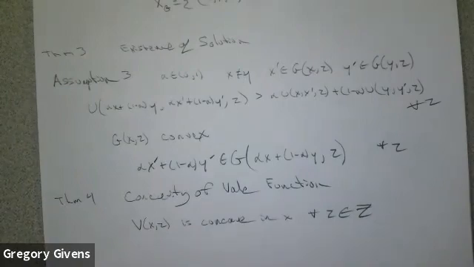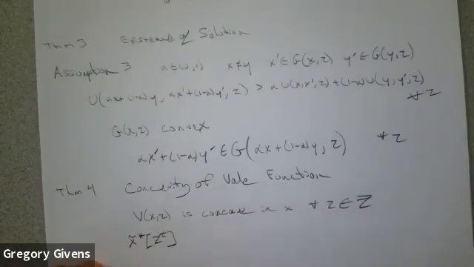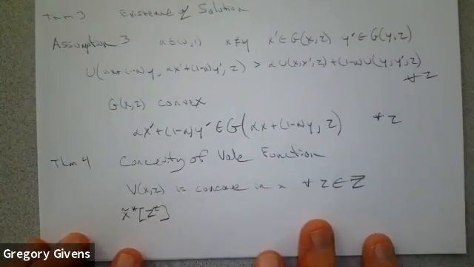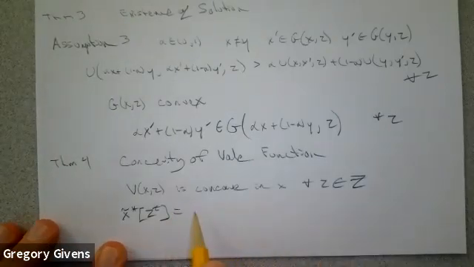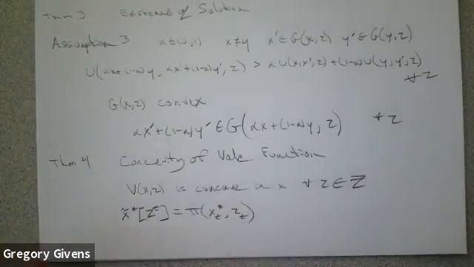That is, this sequence of state contingent plans, let's call it x tilde z of t, that achieves the maximum value of the sequence problem, and therefore also achieves the maximum value of the functional equation, can be expressed as a time invariant function of the current state and the current realization of the shock.